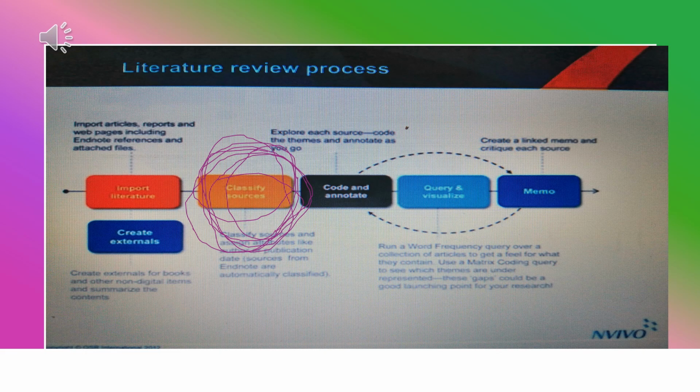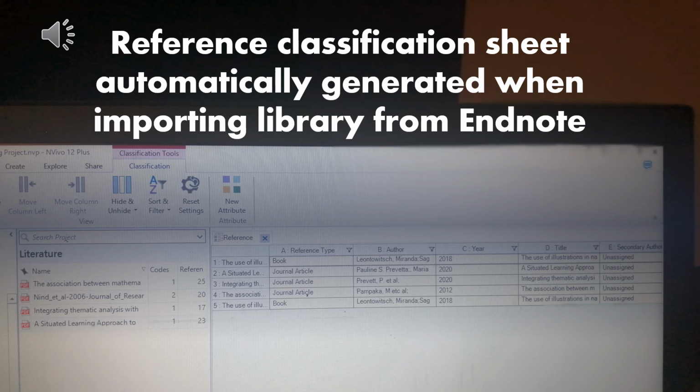We've spent some time looking at importing of literature. We'll now move on to classifying the sources. The reference classification sheet is automatically generated when you import a library from EndNote, and you can see that here.